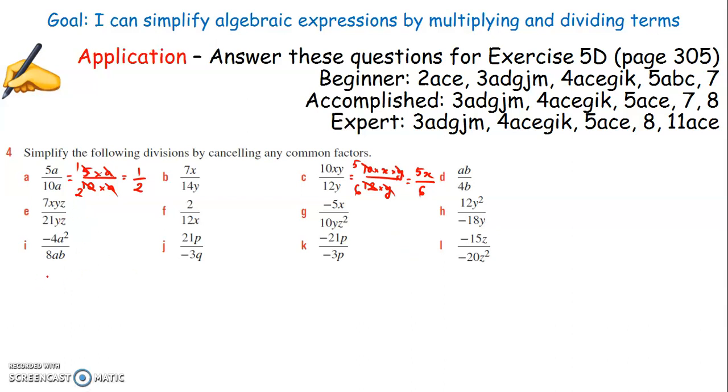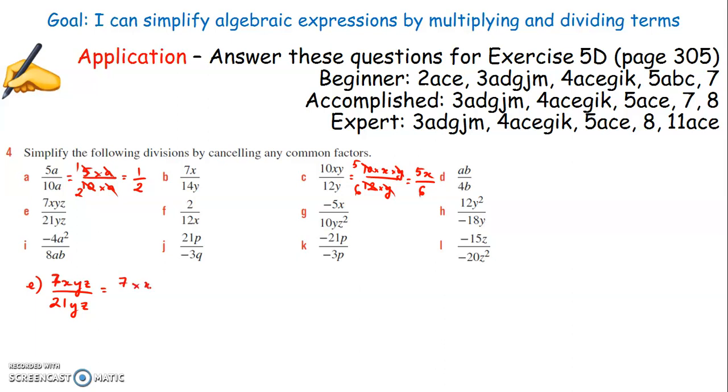Now for E, I'm going to write down here because I probably need more space. So we have 7xyz over 21yz.